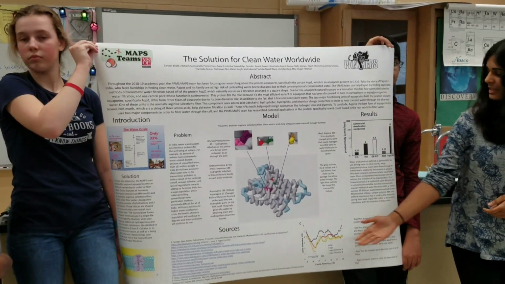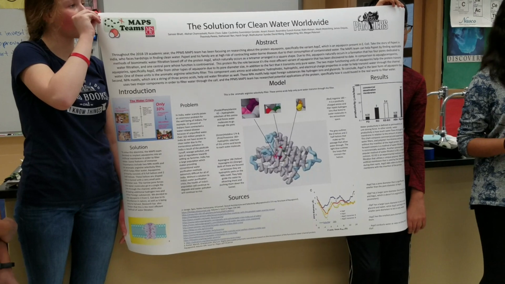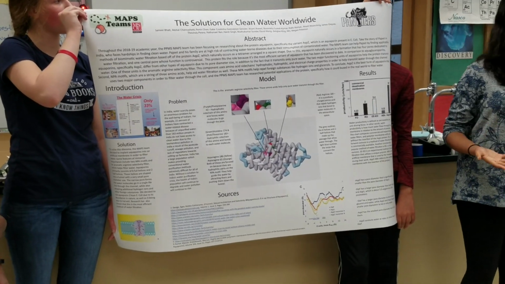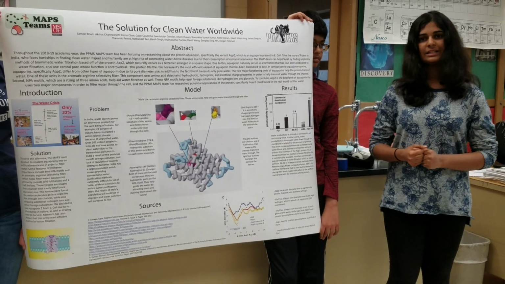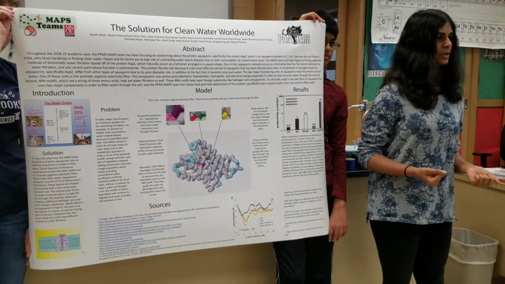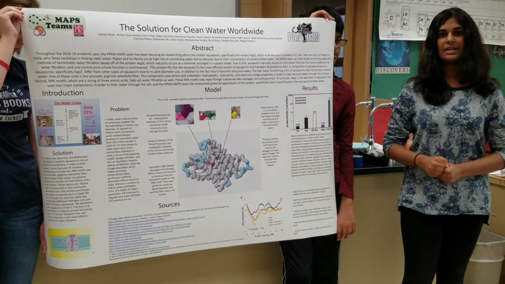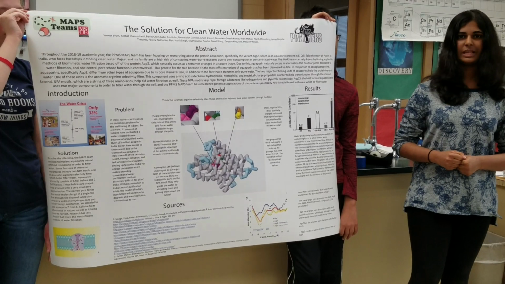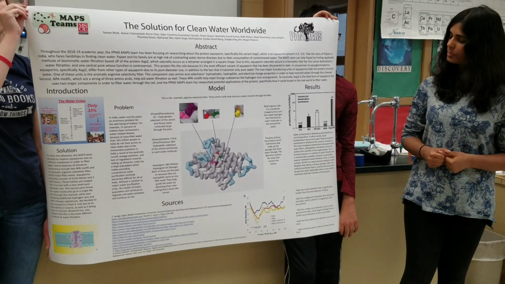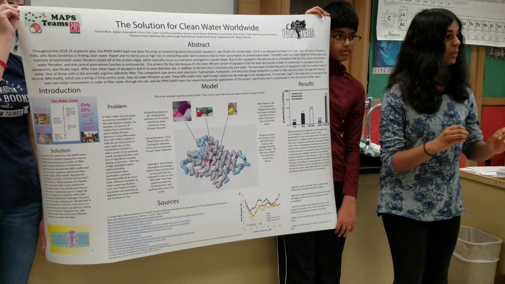As you can see on the second graph, this measures the pore diameter of 2 different aquaporins and an aquaglyceroporin, GLPF, which is an aquaporin that lets glycerol and water travel through. GLPF has a larger pore diameter than AQP1 and AQPZ because it has to have a larger pore diameter to let in both glycerol and water, while AQPZ and AQP1 have smaller pore diameters to let in only water.